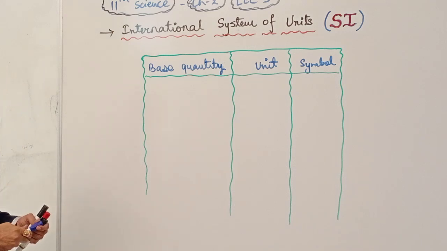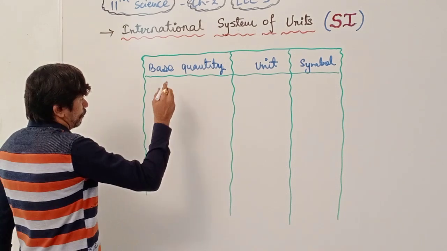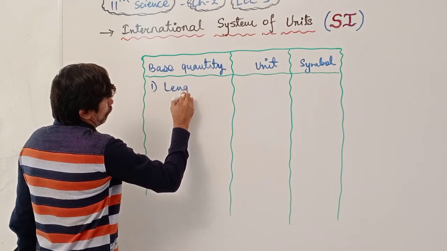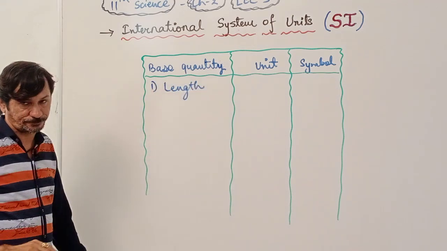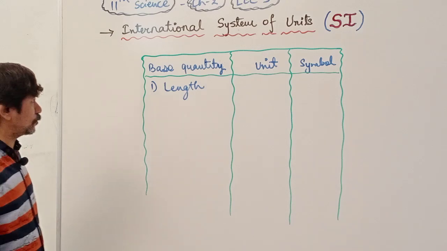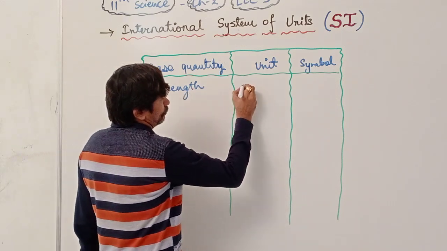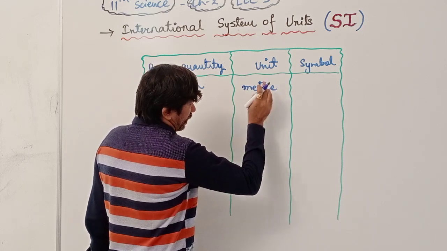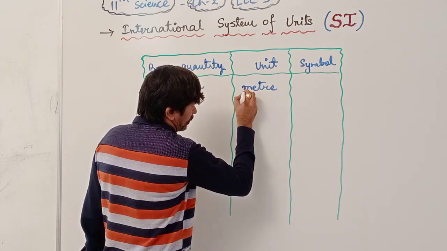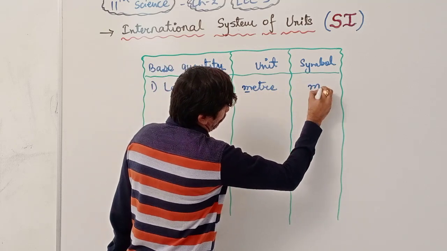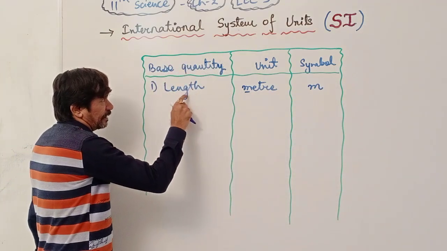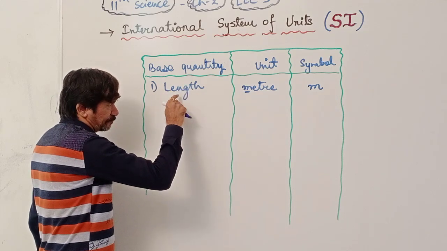Quantity number 1 is length. Students, as you know, length is measured in meter, so the unit of length is meter and the symbol of this unit is small m. Listen friends, length is a physical quantity.